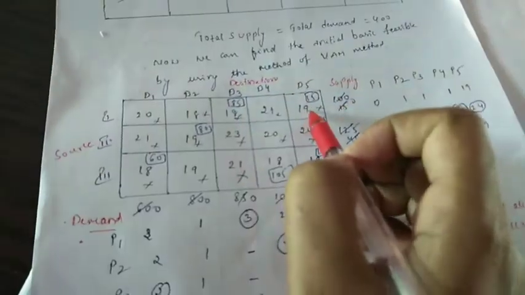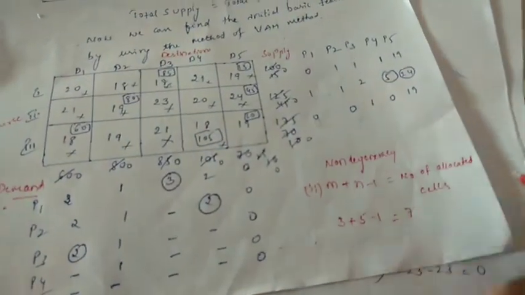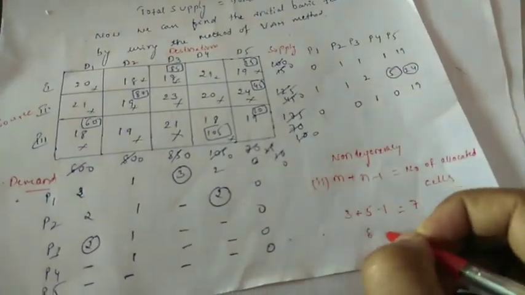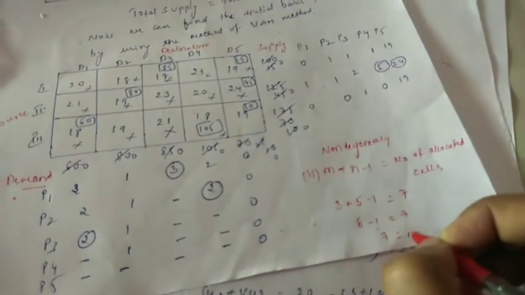The number of allocated cells is 1, 2, 3, 4, 5, 6 and 7. So the total allocated cells is 7. So 8 minus 1 is equal to 7. So 7 is equal to 7. It is non-degenerate. When this is completed, you can then check optimality.